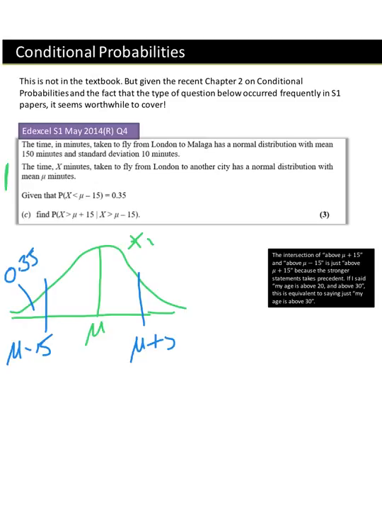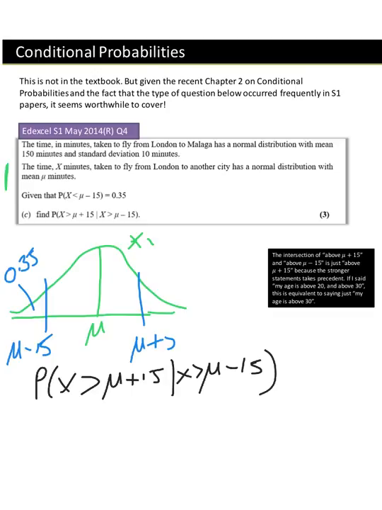Right, so what we're actually asked to find is the probability that x is greater than mu plus 15, given that x is greater than mu minus 15.